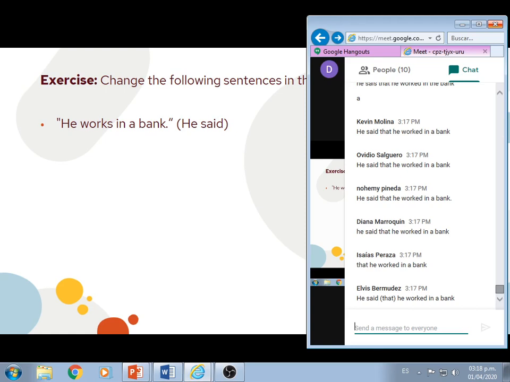Remember that it is important to have capital letter at the beginning, and at the end you need to have a period. I can see that some of you are adding the period, some others no. So just make sure that you start your sentences with capital letter and at the end you add period, so you don't have any problems when taking the evaluations on the classroom. Okay, and let's see what else.